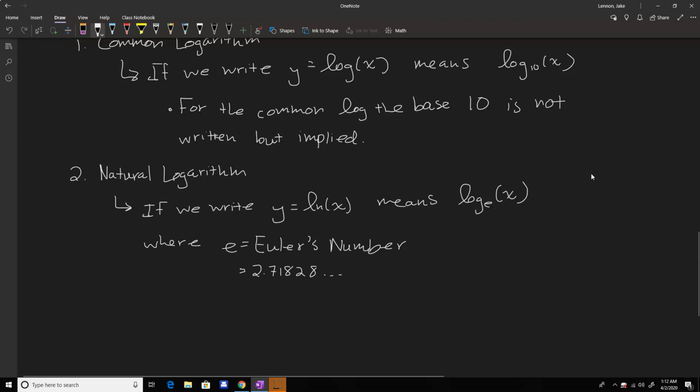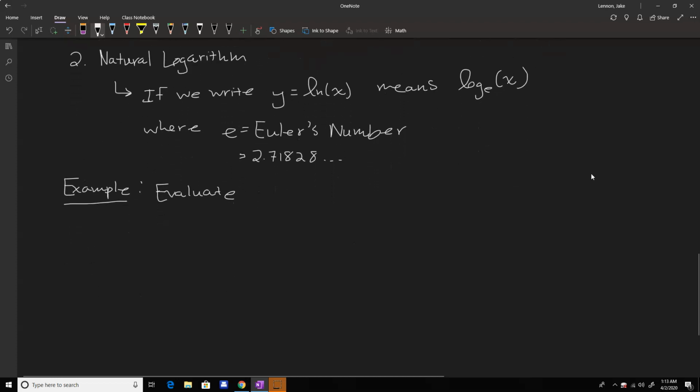So let's look at an example. Let's evaluate using some of these special logarithms, common logarithm and the natural logarithm. So the first one, let's just look at the log of 1,000.